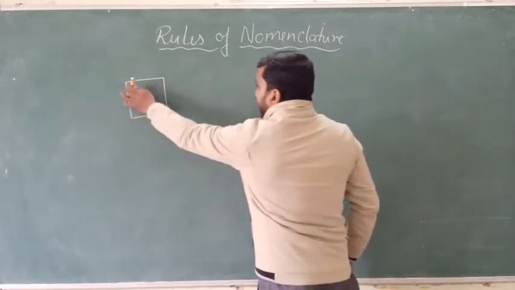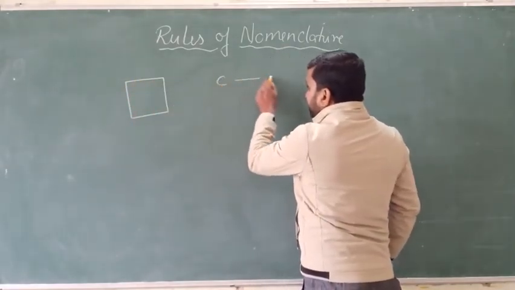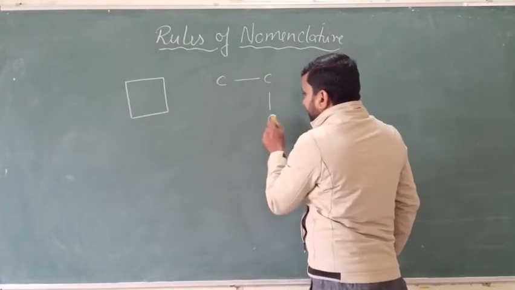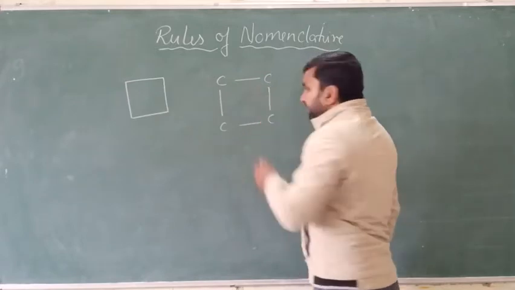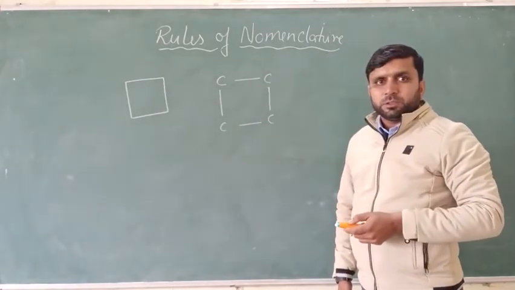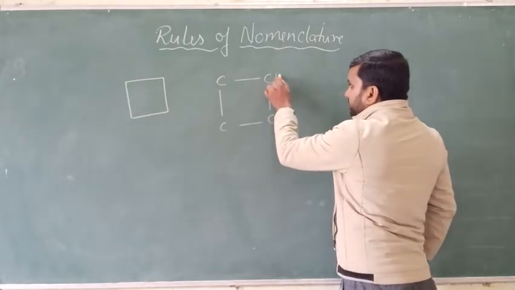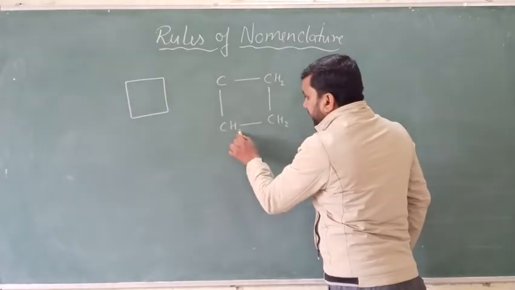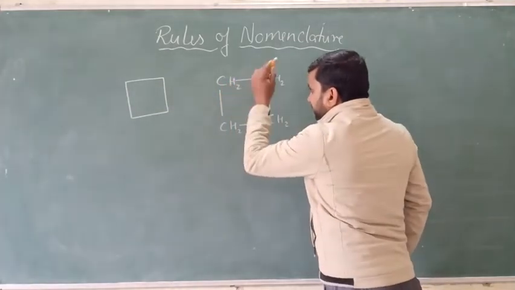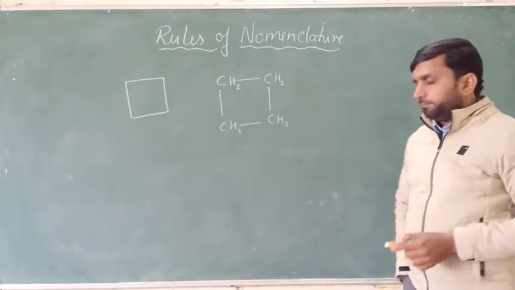If you see, every corner has a carbon, which can be written as carbon, single bond, carbon, single bond, carbon, single bond, carbon. The number of hydrogens will be according to the valency left. Each carbon already contains two bonds, so two hydrogens on each. So this is a compound for which we have to write the name.